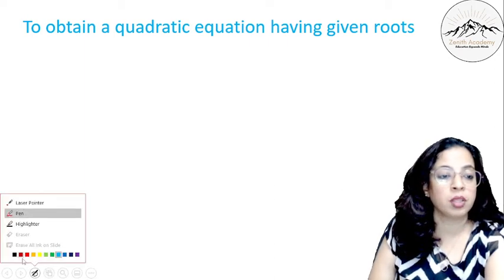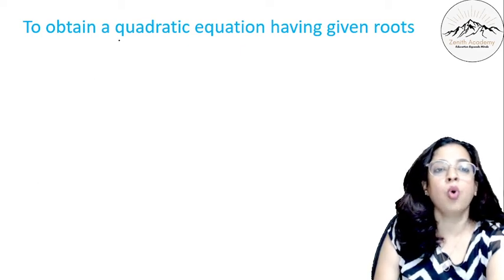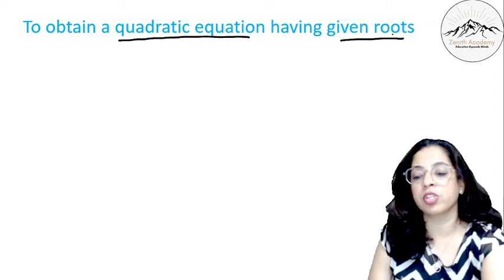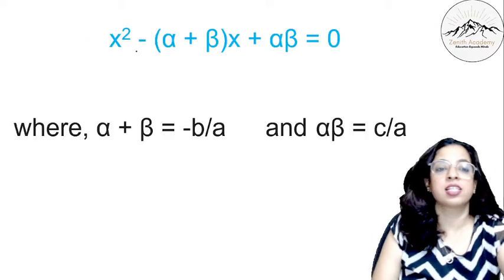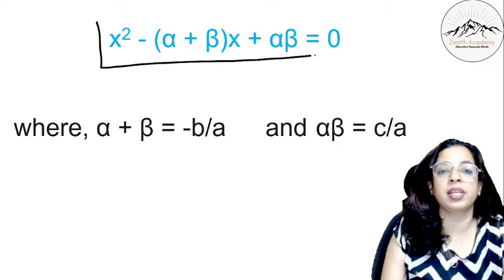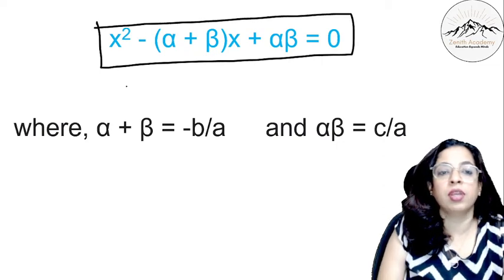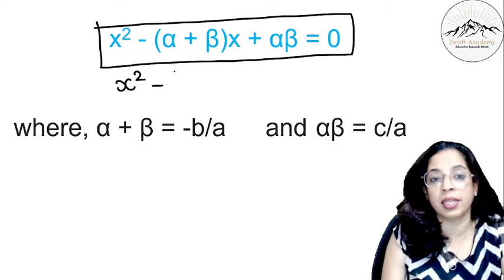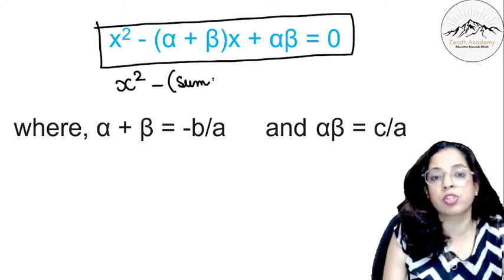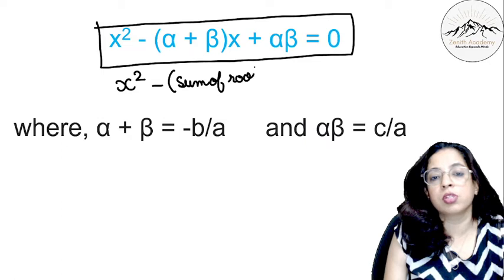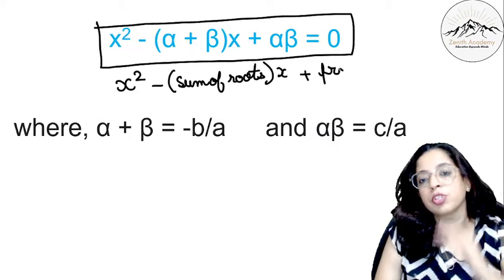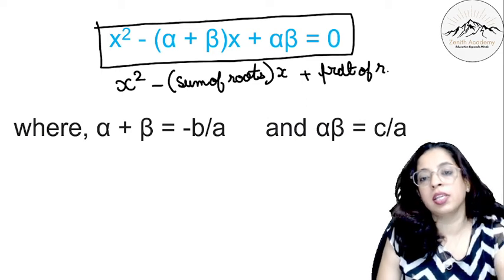See here. Now what we are doing, how to obtain a quadratic equation having given roots, if the roots are given to us. Now see, this is the formula, very important, please learn it right now. We have to use x square or whatever the variable is given, x square minus the sum of roots into x plus product of roots is equal to 0, right?